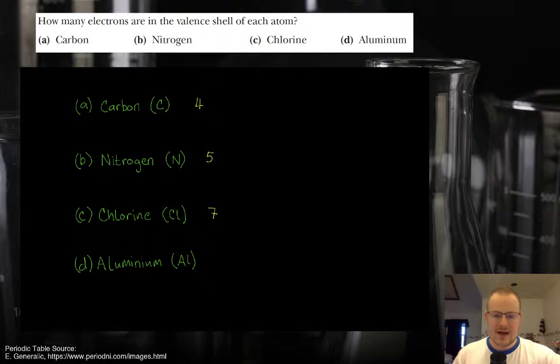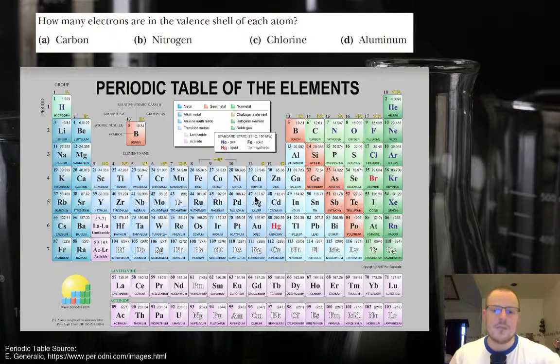So aluminum has 3 valence electrons. Now, just as an extra bonus, let's see about another element. Let's try, for example, gallium. Gallium is here right beneath aluminum in period 3A.